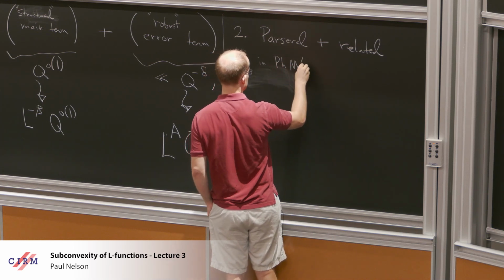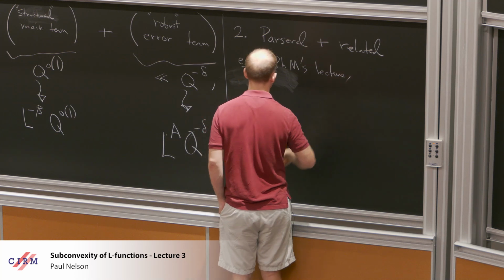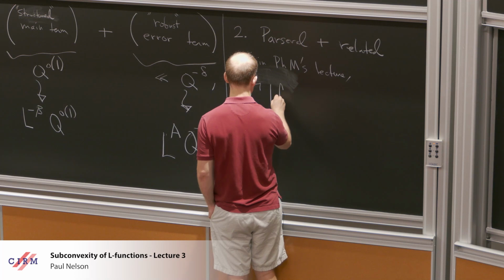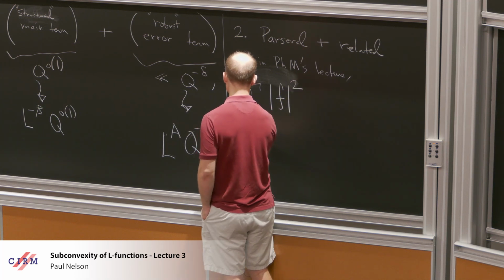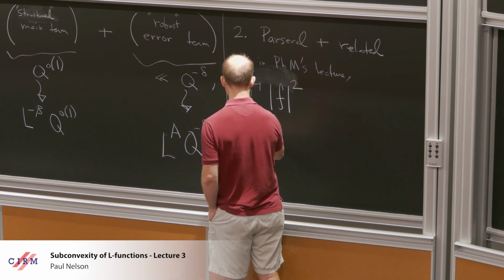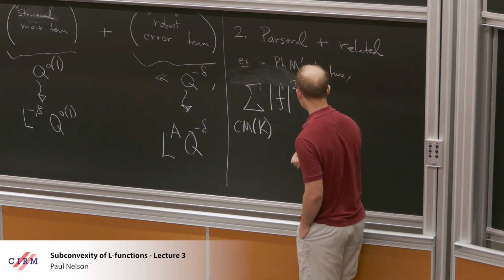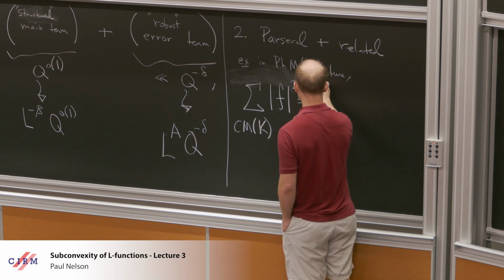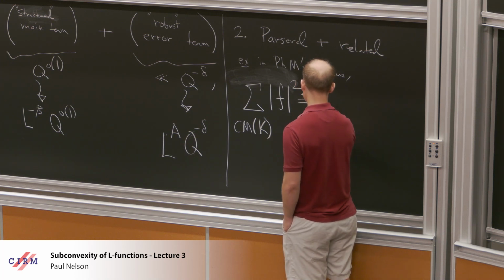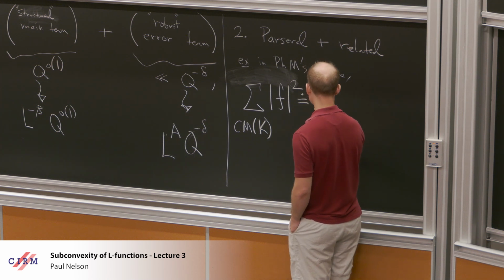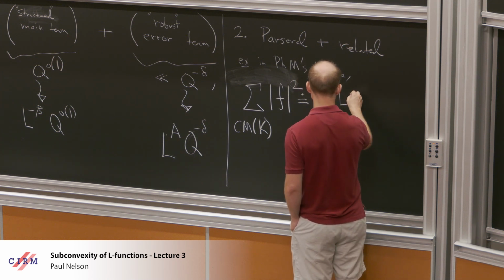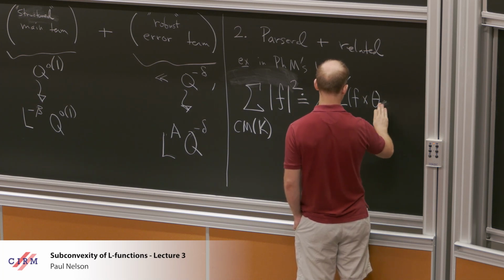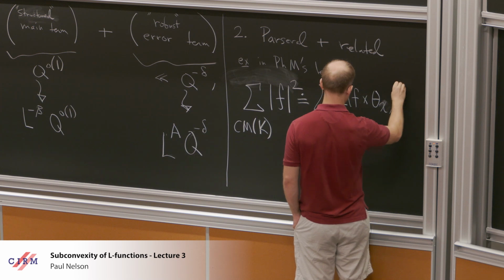So in Philippe's lecture, he had an example where if you take a modular form and you sum it over CM points attached to some imaginary quadratic field K, then this ends up equaling, up to some proportionality constants, the sum over Hecke or idele class characters chi for K of L of F times, let's say, the theta function attached to K and chi at 1/2.